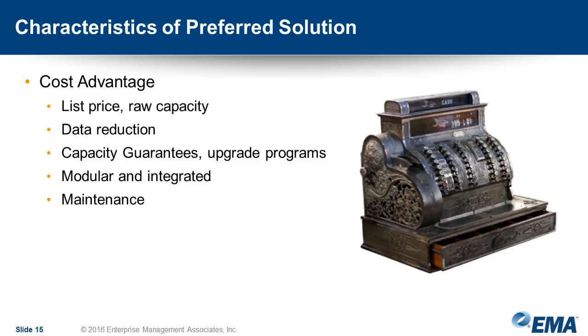Now we're going to take a look at cost advantage. As I had mentioned earlier, we're taking a look not only at a list price, but also things such as data reduction and capacity guarantees. Upgrade programs were also considered.